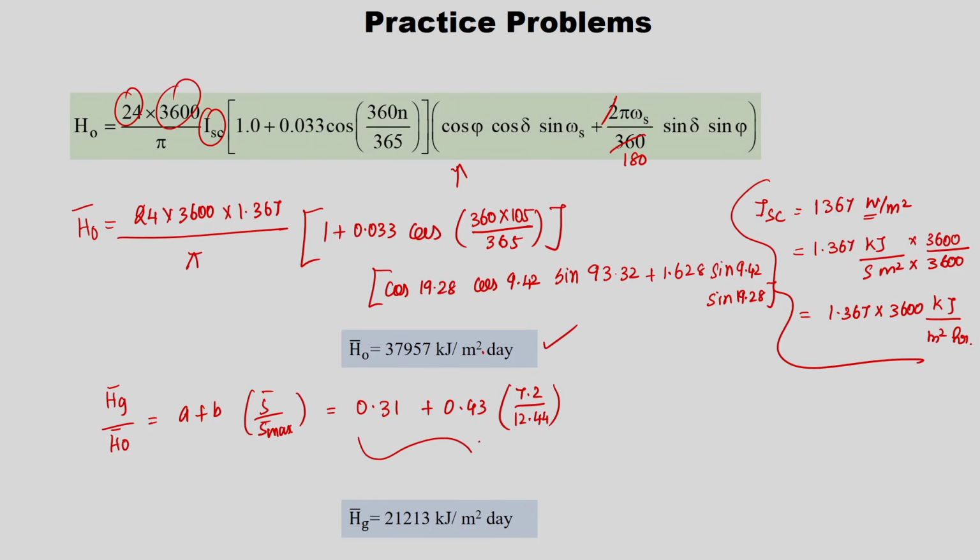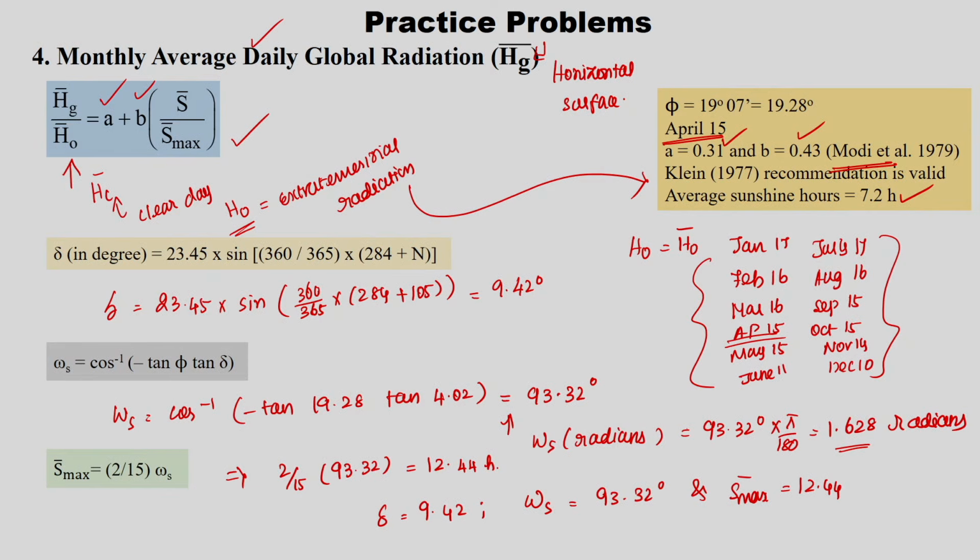We are supposed to calculate this value and multiply it by 37957 to find Hg. It turned out to be 21213 kilojoules per meter square per day. So now we have calculated the monthly average of daily global radiation using the correlation.